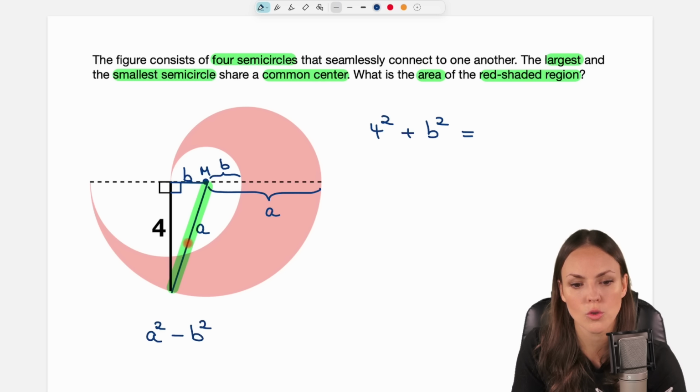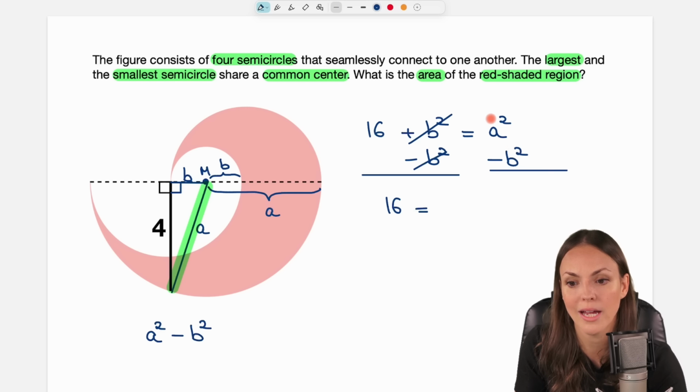We have 4 squared here, which is 16. Let's bring the b squared to the other side by subtracting b squared on both sides of the equation. Then we have the 16 here. This is 0. And on the other side, we have a squared minus b squared. A squared minus b squared is equal to 16.